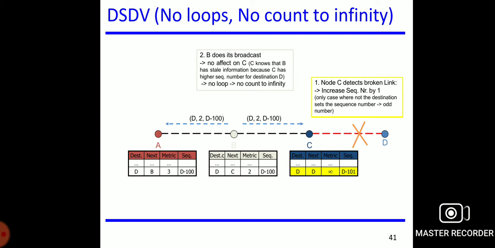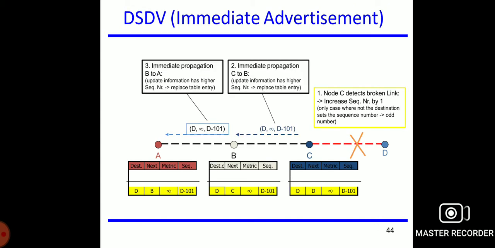It is the only case where the sequence number is set by a node other than the destination, and that is an odd number. Then the immediate advertisement process in DSDV: the response information is sent to A, using the same shortest path distance vector algorithm.